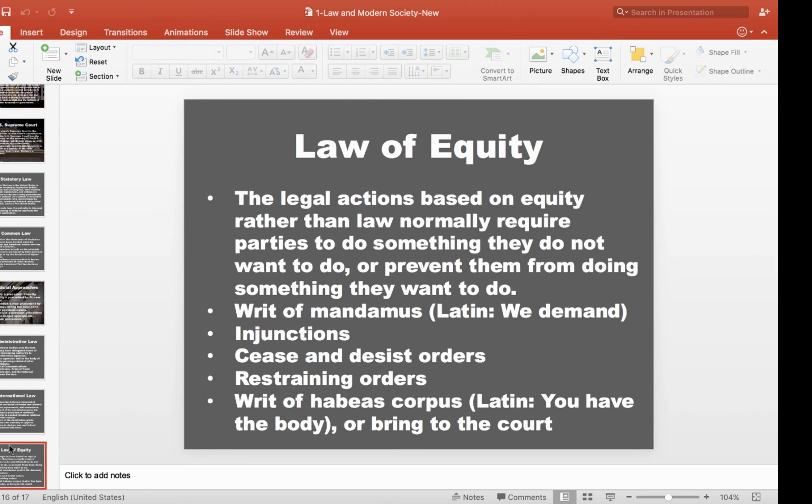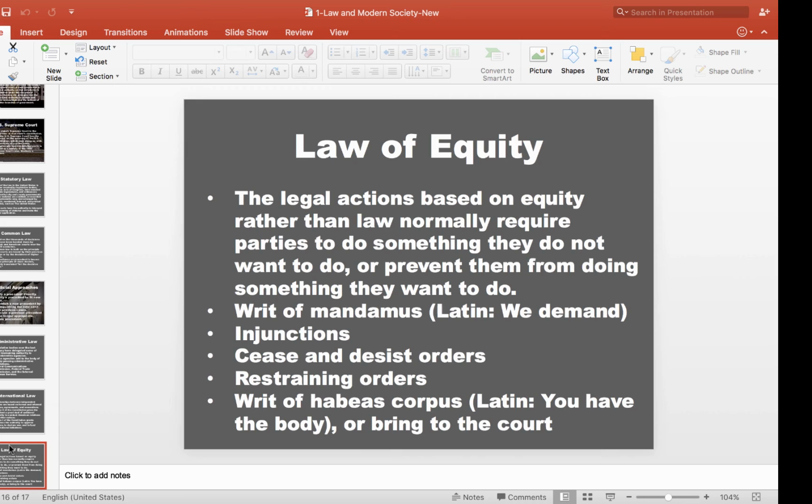There's something which is called the law of equity, and these are based on equity rather than law, and it essentially requires the parties to do something that they don't want to do, okay, or prevent them from doing something that they want to do. Okay? Some of these are cease and desist orders, restraining orders, writ of habeas corpus, which essentially says you've got to bring somebody to the court.